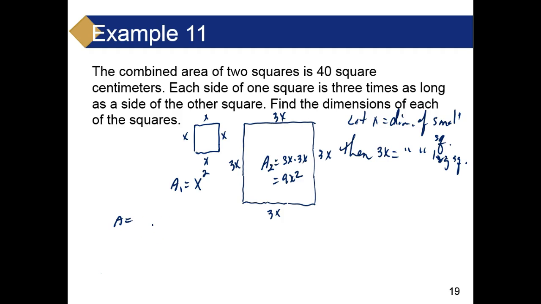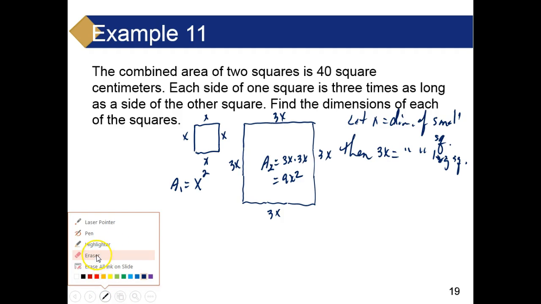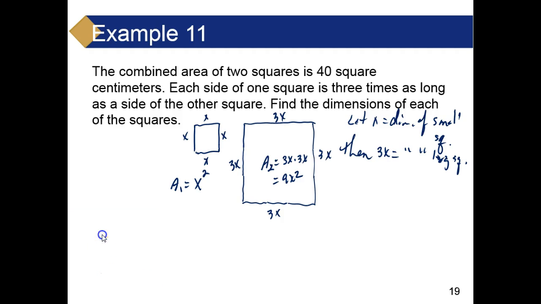Let's just not even write the A down there. That may be confusing, so I won't write it. I did, but I'm going to erase it. What's the combined area of those two? Let's add them. Let's do A1 plus A2.